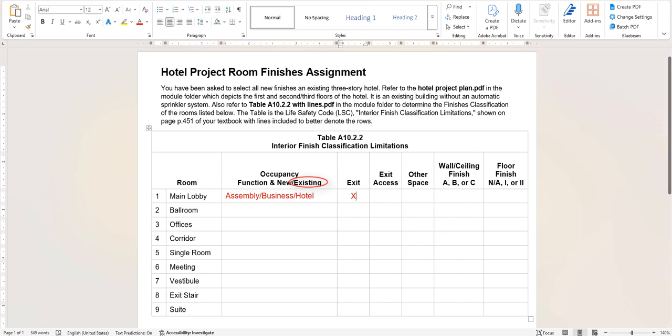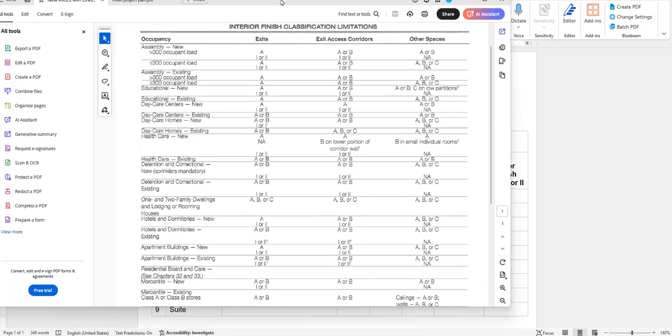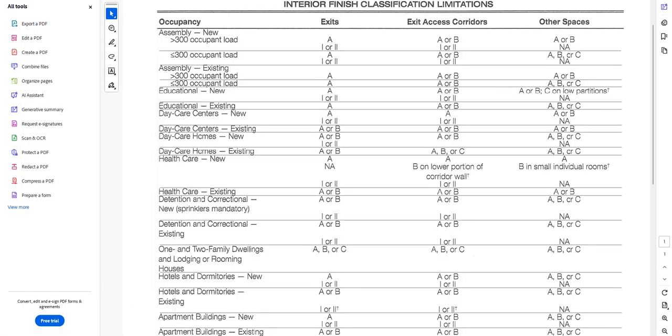So with that information, I can now go into the table and determine what kind of finishes we need. So assembly, existing, and it's greater than 300 occupant load. Our exits are A. At this point, I can stop searching for the exit finishes for the other spaces, and I only need to check for floor finishes.